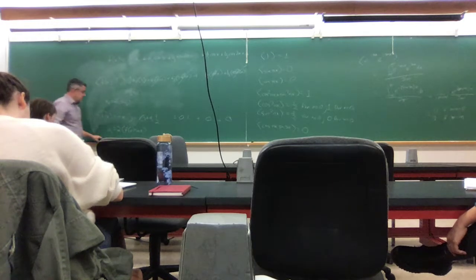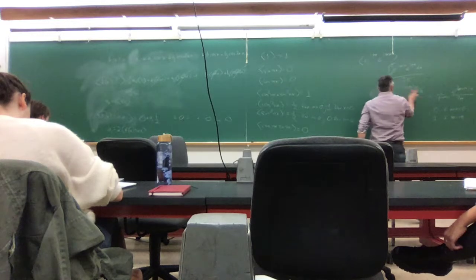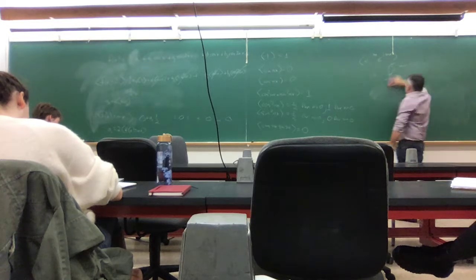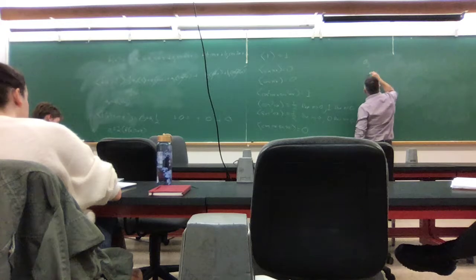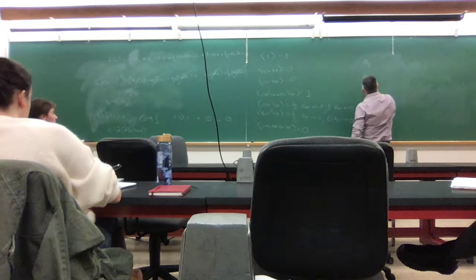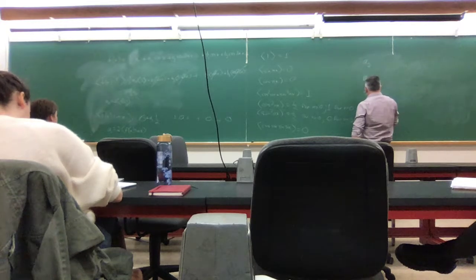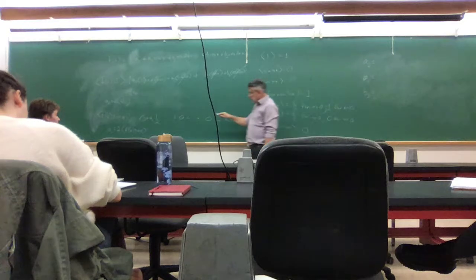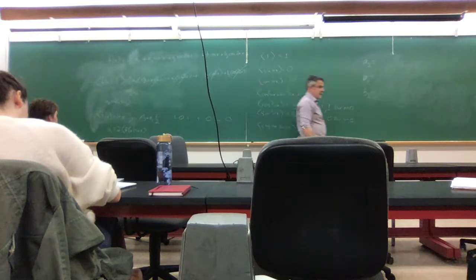So I hope you're starting to see the pattern. So let's guess. What's a2 going to be? What's b1 going to be? What's b2 going to be? What's a2? Anybody guess?